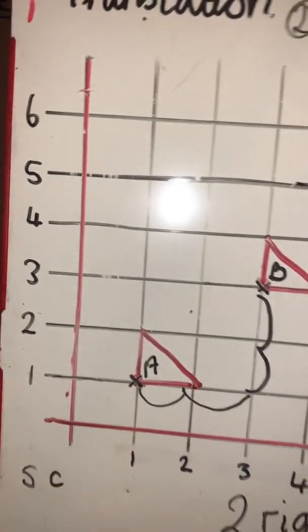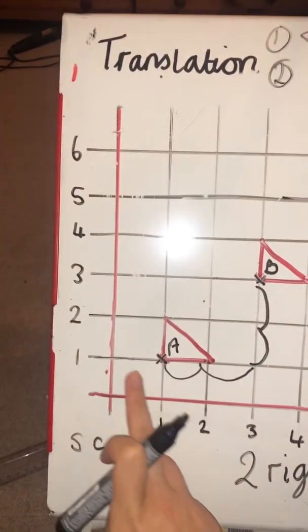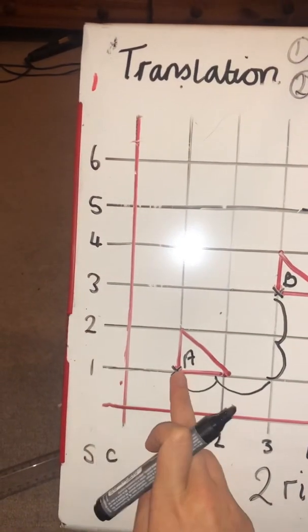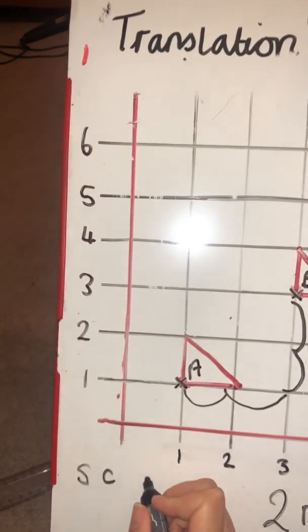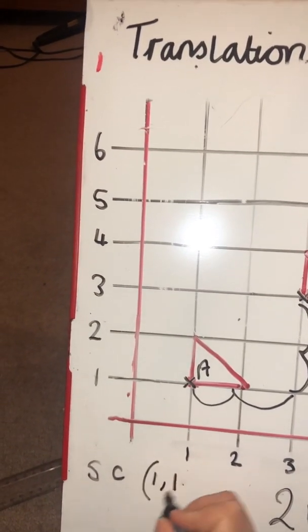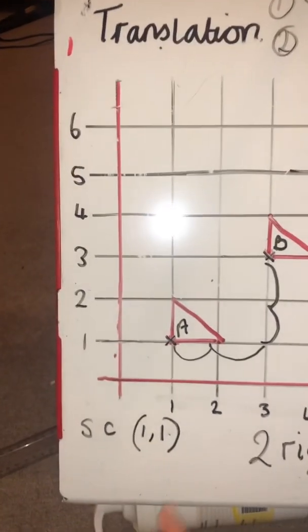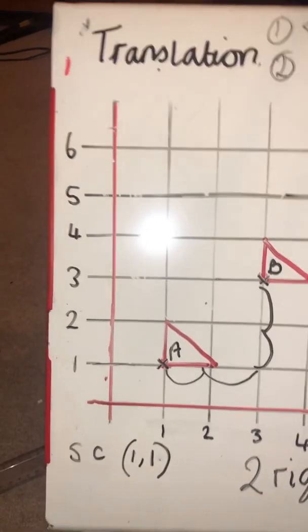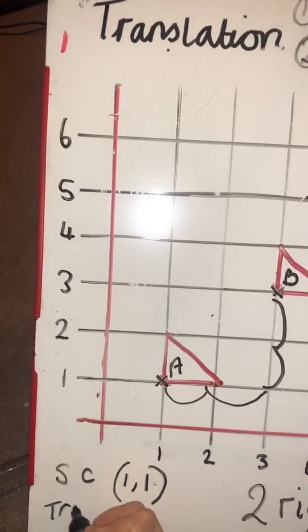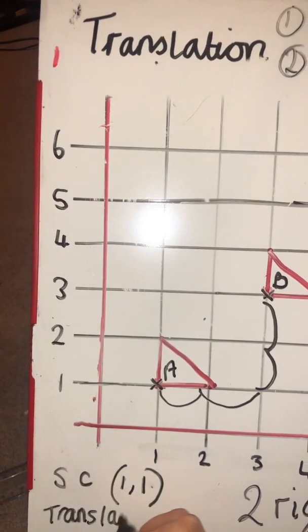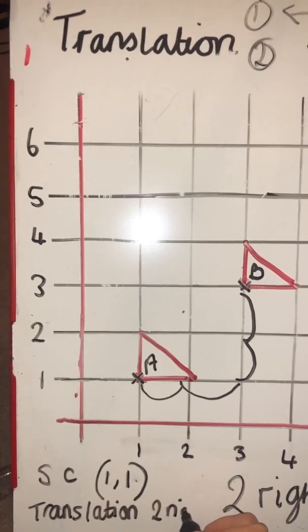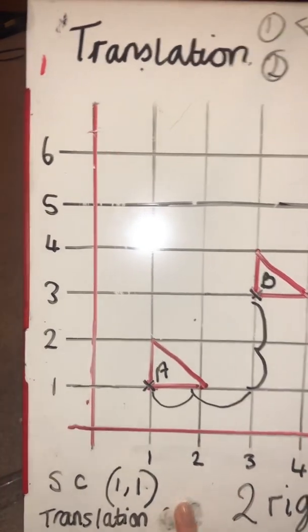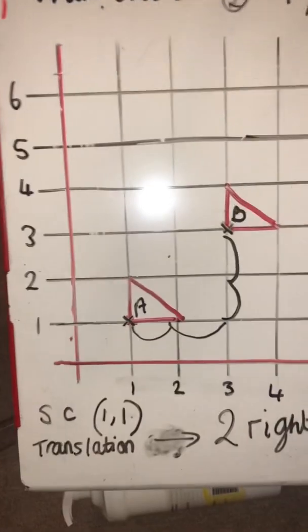SC is my starting coordinates. Now I'm going to talk about the starting coordinates of my point that I highlighted. So for this one, it would be 1, 1. And then the next part on the sheet asks you for the translation, in which case I would put 2 right, 2 up.